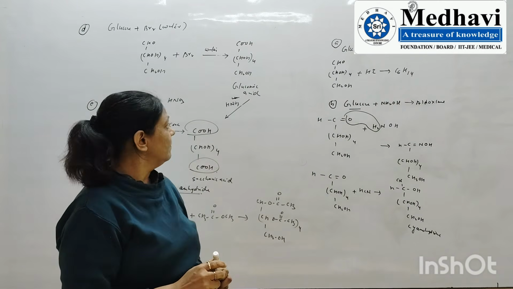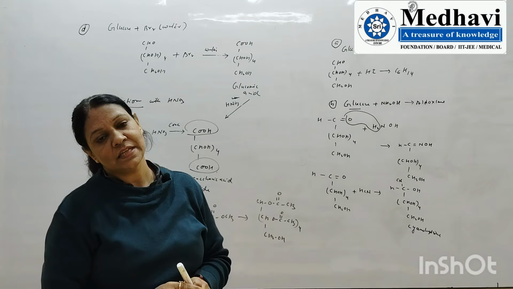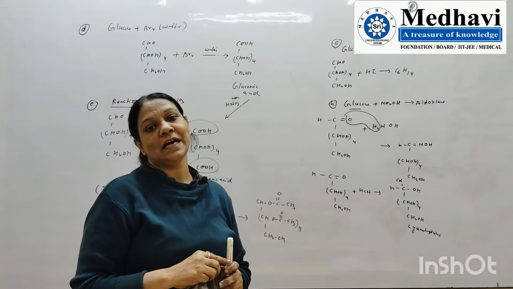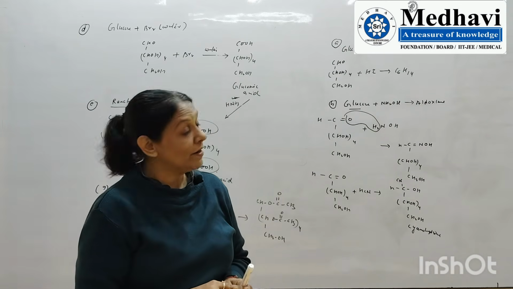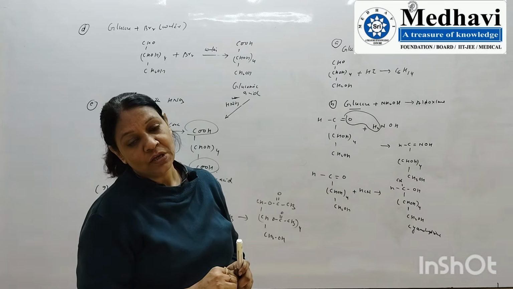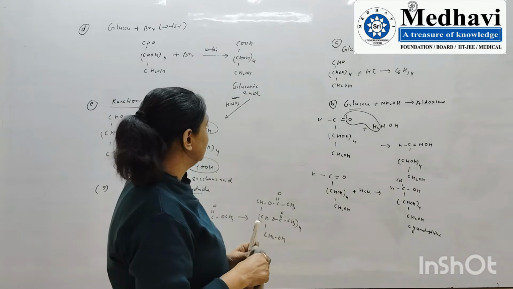So all these reactions show that glucose has a 6 carbon chain attached by single bonds, and glucose has an aldehyde group, a free carbonyl group.